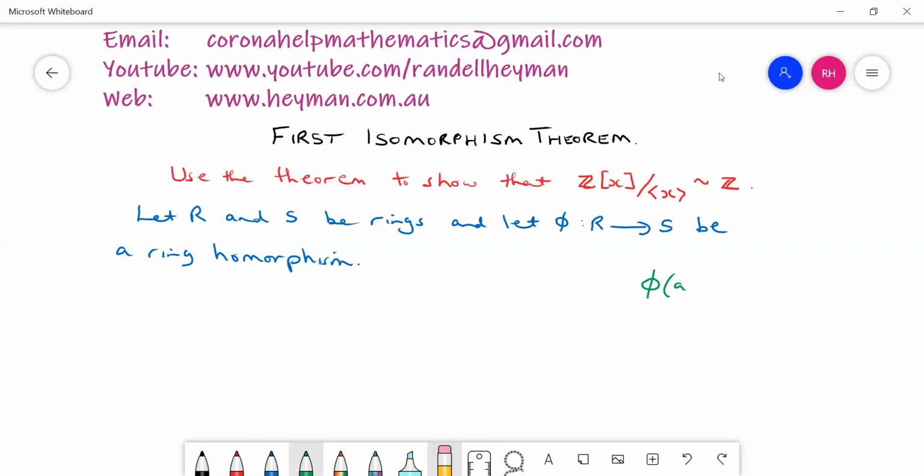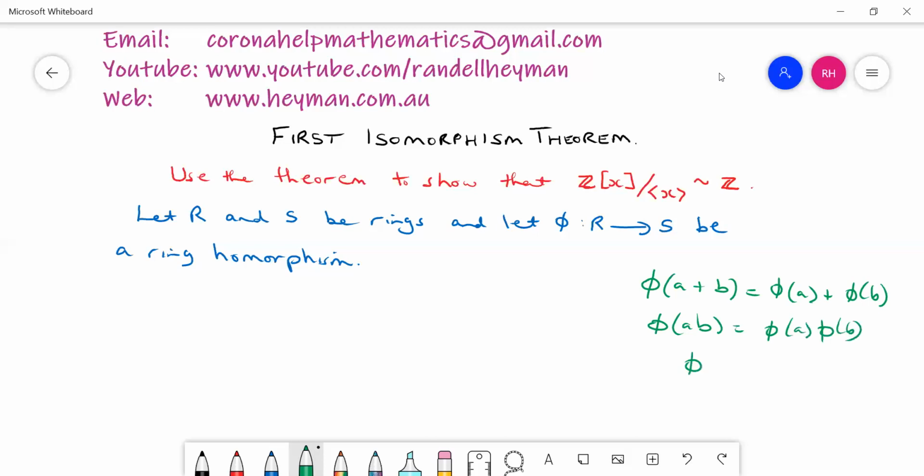So if we have phi of a and b, actually let's do it in the order you normally would see it. The first is you need the group homomorphism aspect. So phi of a plus b gives phi a plus phi b, which is just saying it doesn't matter whether you add first and then apply phi, or apply phi and then add. Phi of a times b equals phi a times phi b.